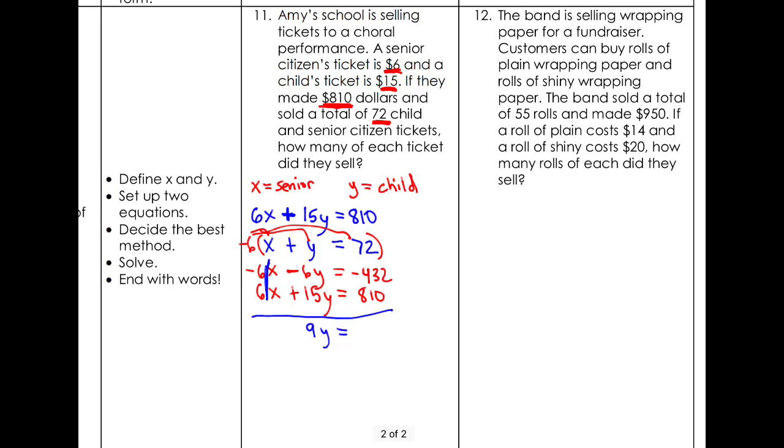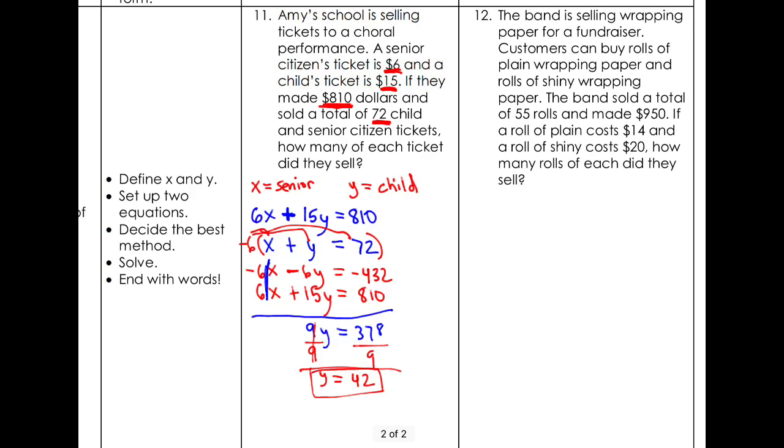And then you have negative 432 plus 810 is equal to 378. Last thing to do here is to get rid of this 9. We want to divide since that's multiplication. So we have 378 divided by 9. And that's equal to 42. So we know y is equal to 42.